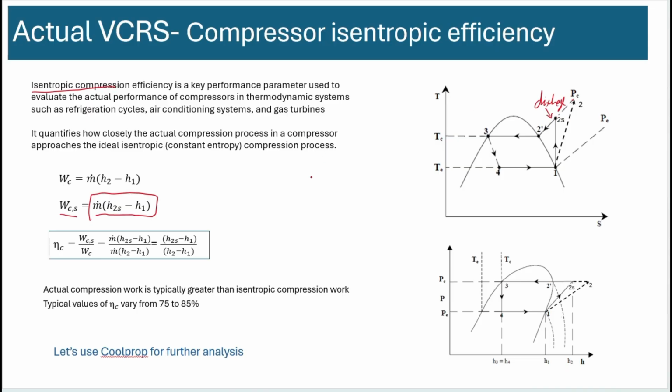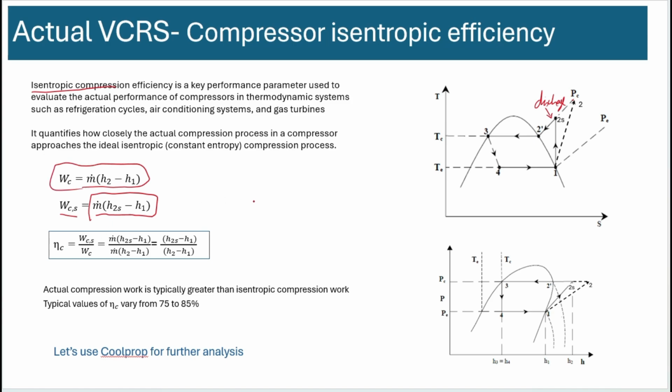There are some nuances here. It's probably beyond the scope of this lecture, but for now, assume that if you do a real process, you will always go to the right side and above the discharge temperatures that will be seen in an isentropic process. So in that case, the work done is H2 minus H1.